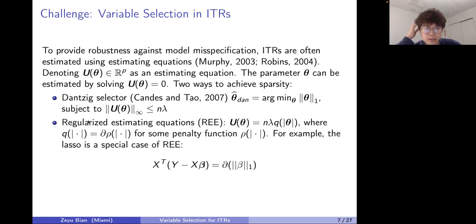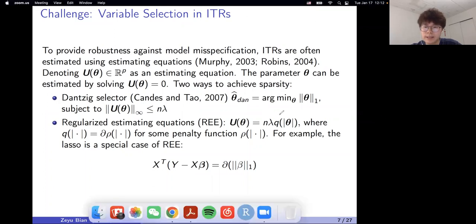And also we could use the regularized estimating equations. So instead of setting U(theta) as 0, we require it to equal the term on the right-hand side, where lambda here is the tuning parameter. And this Q function here is the subderivative of some penalty function. So let's see an example. The lasso is a special case of REE.